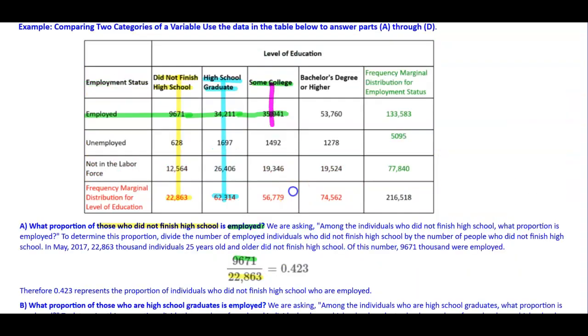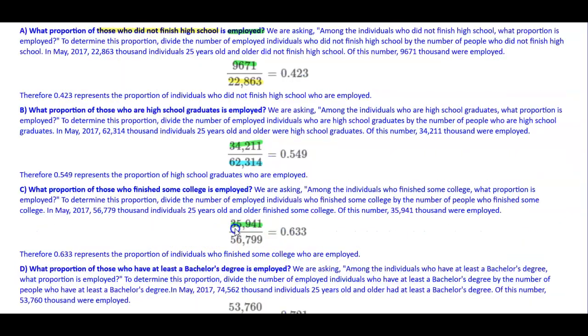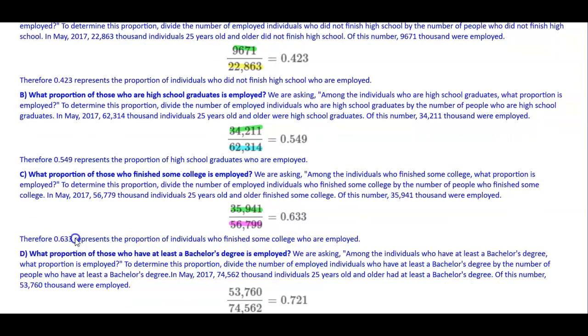The total in that column for some college is 56,779. So we take 35,941 divided by 56,779 to get 0.633. Therefore, 0.633 represents the proportion of individuals who finished some college who are employed.